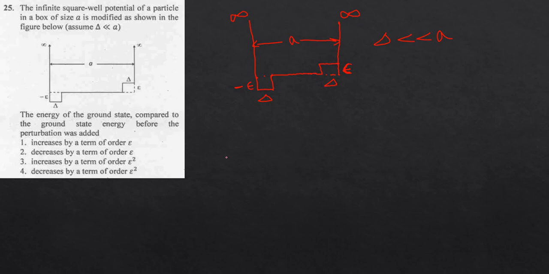Okay, so the ground state energy will be the first order correction, and the first order correction in the ground state energy will be equal to psi1, the ground state function, perturbation, psi1.